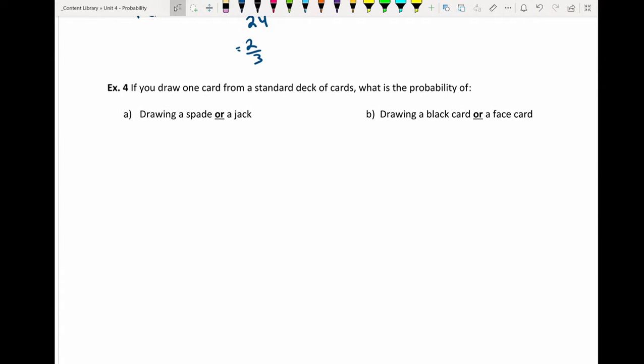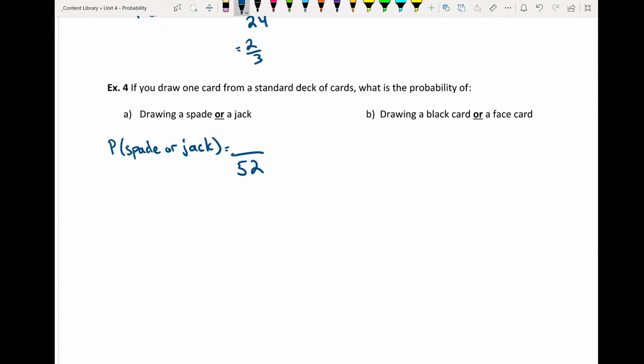Example 4, we're going to go back to drawing a card from a deck, but we're going to look at a new situation. Here in example A, we are drawing a spade or a jack from a deck of cards, and we want to know the probability of that happening. So if I look at the probability of a spade or jack, I know my total number of outcomes is going to be 52 because there are 52 cards in a deck.